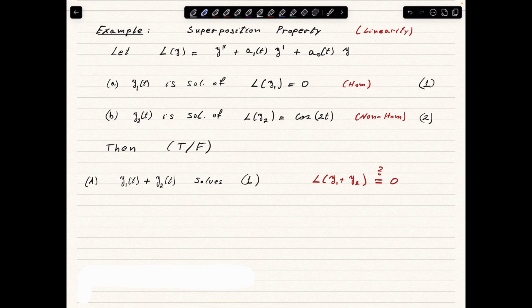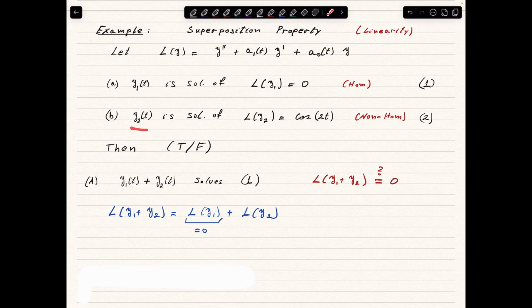So what is L on y1 plus y2? Well, this is L on y1 plus L on y2. And now what do we know about L of y1? Well, y1 is a solution of the homogeneous equation, so this is 0.